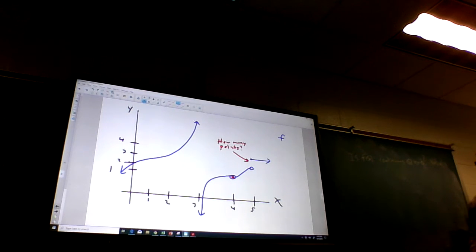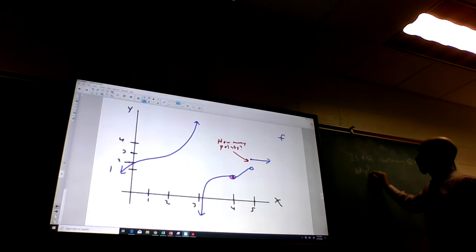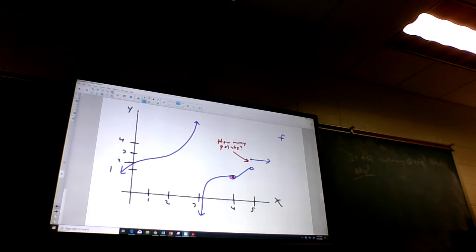Harder question: why? There's no gaps, no holes, no jumps. So if you're in pre-calculus, I'd say good job. Unfortunately, you're no longer in pre-calculus. What's the calculus reason for why?